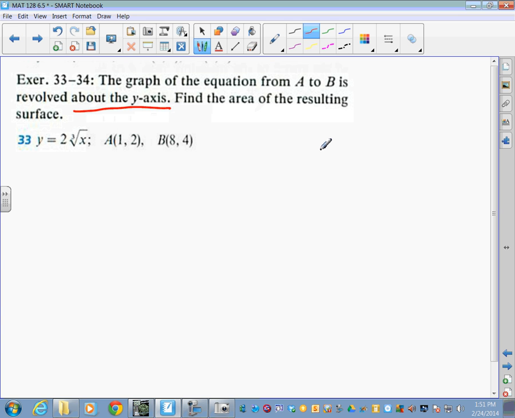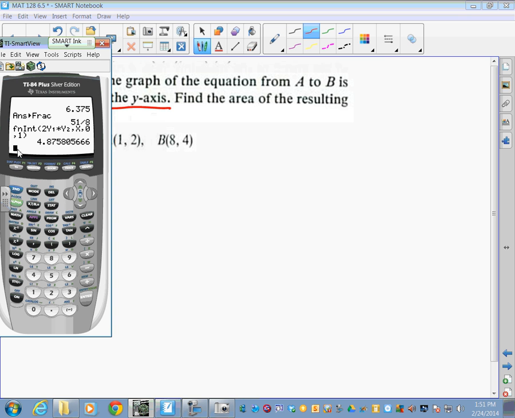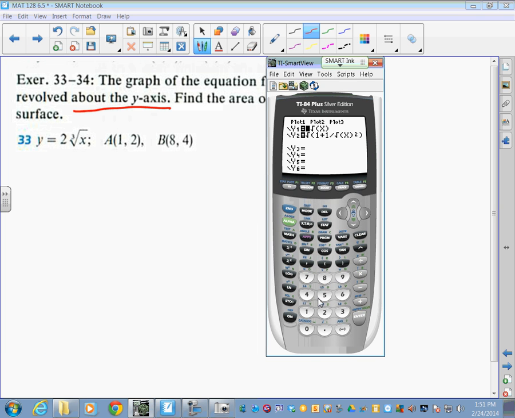Yeah, we've all run the y-axis. y equals 2 times the cube root of x, that works.